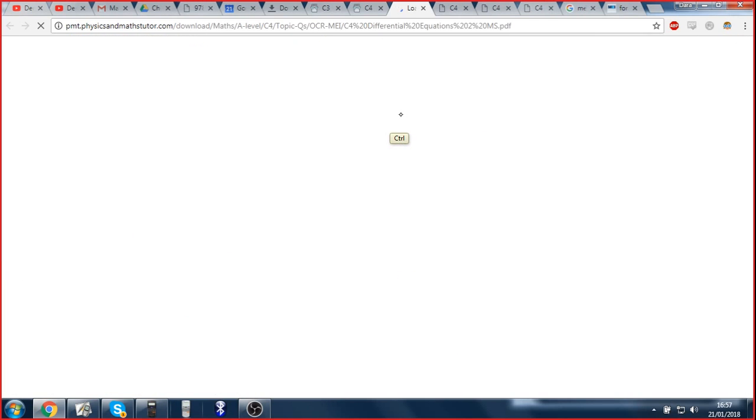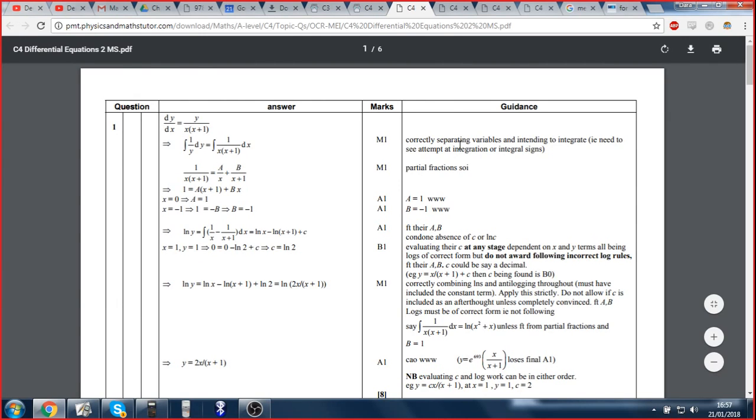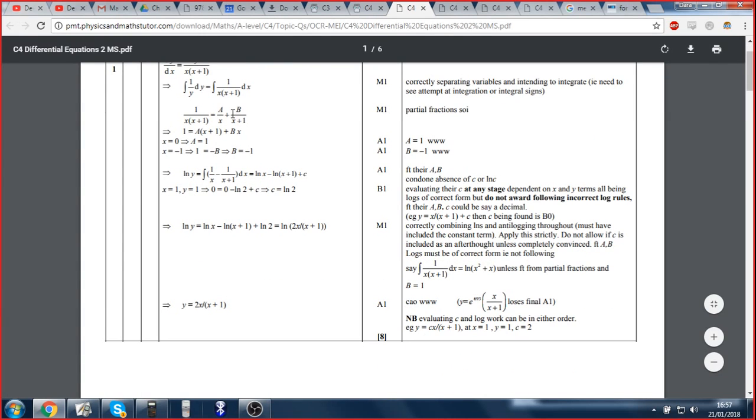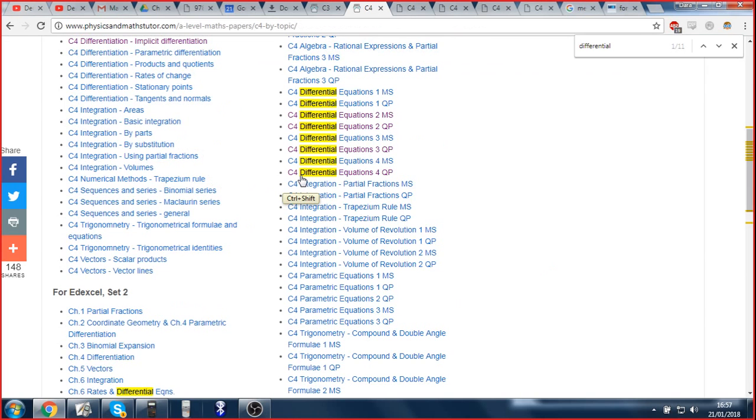Mark scheme. I think that was the very first one, was it? Yeah, they did it using partial fractions. I just want to see if there was anything more difficult about it. X equals 1, so they just subbed those in. No, it looked like it was pretty much the same as what we were doing before, except the integration was harder.